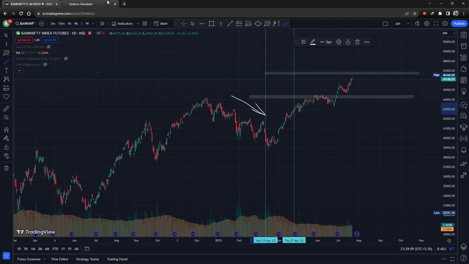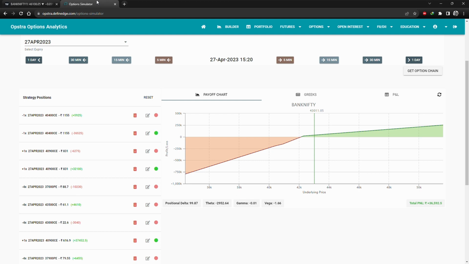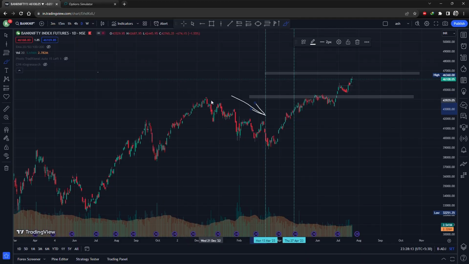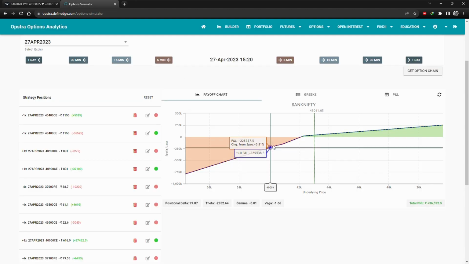If your view was a bearish move, then you are making around 1,25,000 rupees profit. And if your view was bullish, even though the market after some time went up, you are making only 36,592 rupees profit.